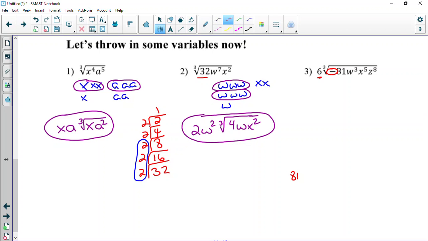Alright, so birthday cake 81. Alright, so I know 3 can go into 81. So if I do that, I get 27. I know 3 can go into 27 9 times. I know 3 can go into 9 3 times. And then 3 can go into 3 1 time. Alright, now I'm going to go ahead and break down my variables.